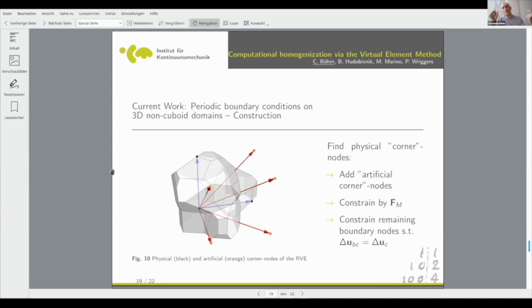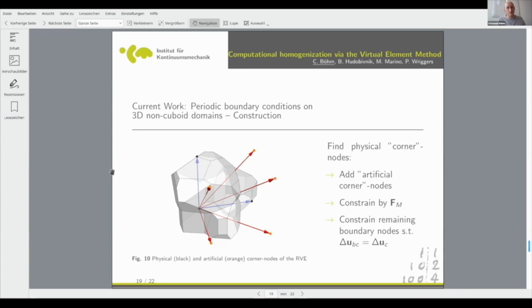You can constrain 2 other nodes on the boundary, because you constrain only the difference between 2 other nodes on the boundary with the difference of the directly constrained nodes. So the directly constrained nodes would be these 8 nodes, directly constrained by a macroscopic deformation measure, which is then transferred from the macro to the micro scale. And since only the distance of these nodes is important because you constrain parallel node pairs, you can just place the nodes arbitrarily where you want. And since every node on this surface of the domain has a pair, you can apply node-to-node.